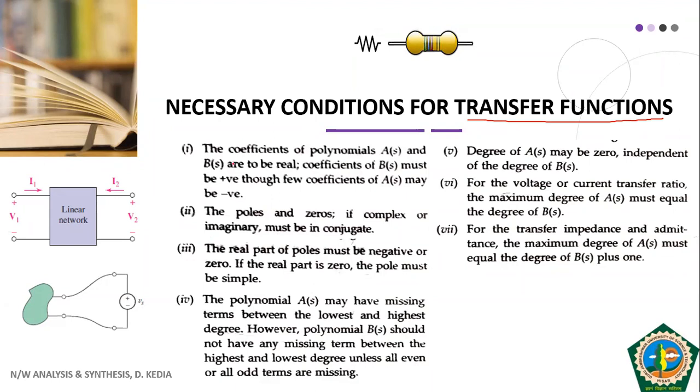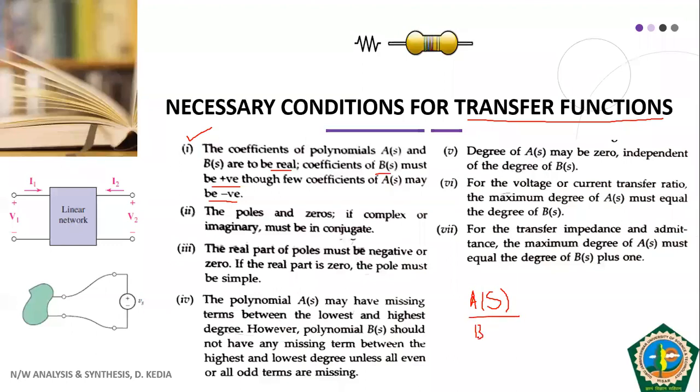So the first condition is that the coefficients of the polynomials as and bs are to be real, as we talked about. Coefficients of bs must be positive, though a few coefficients of as may be negative. So what it is saying is that we have hs equal to as upon bs. As was the numerator, that gave us zeros.